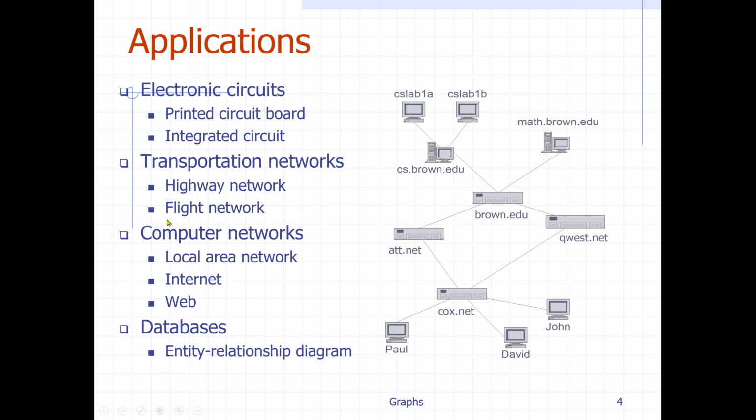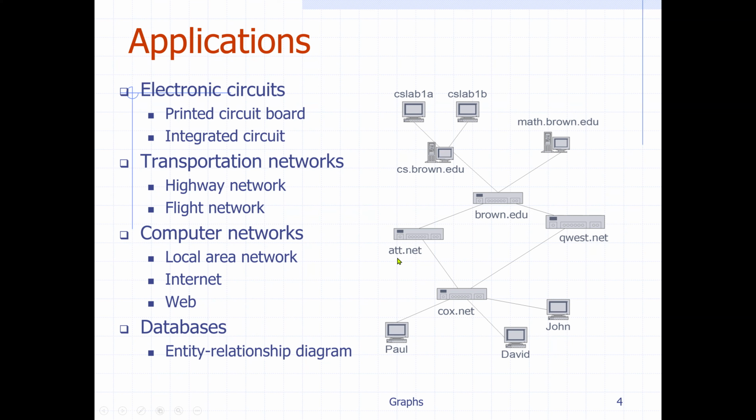A good example we saw previously was the flight network also, which in this case represents the different airports, and the edges will represent the distance between the airports or the route. Also, an example would be a computer network, such as a local area network, the internet, or the web.